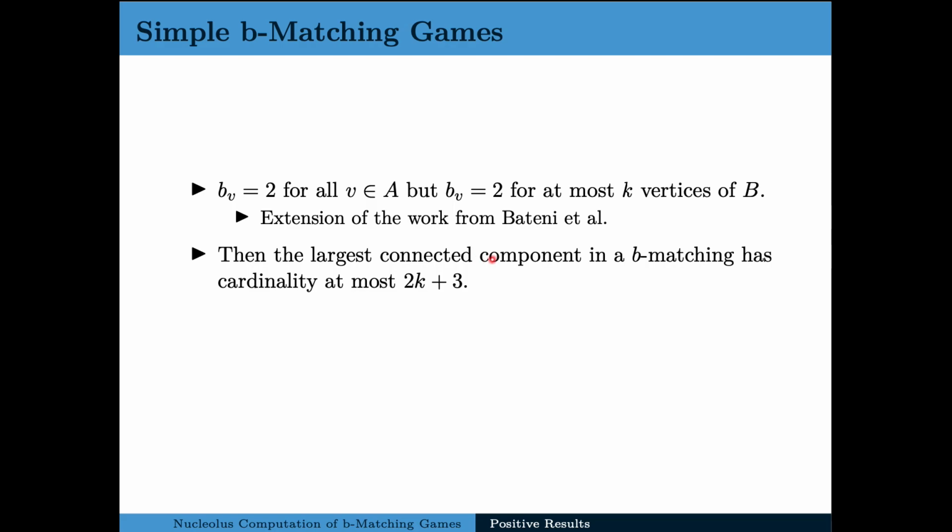It's not hard to see that the largest connected component in a b-matching has cardinality at most 2k plus 3, which is a universal constant. Then we can run the Kopelowitz scheme over all subsets of size at most 2k plus 3, and this is going to be polynomial.